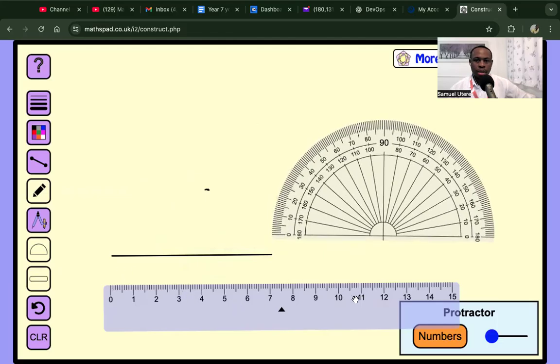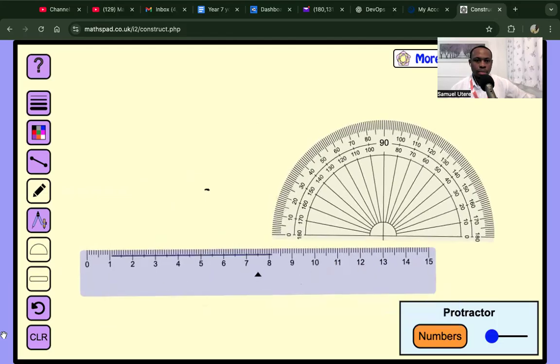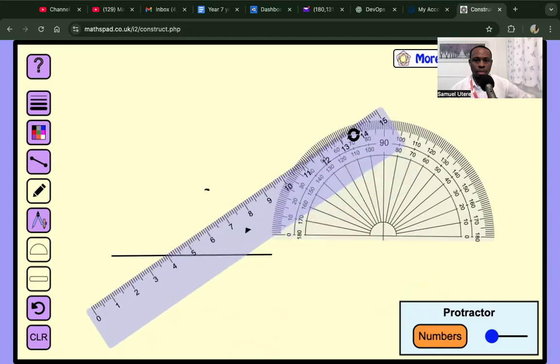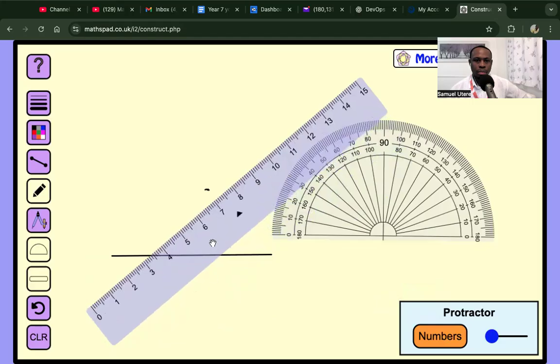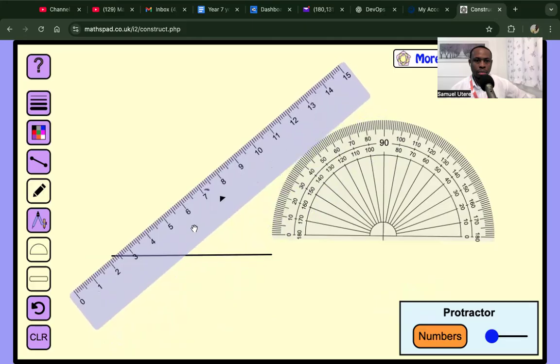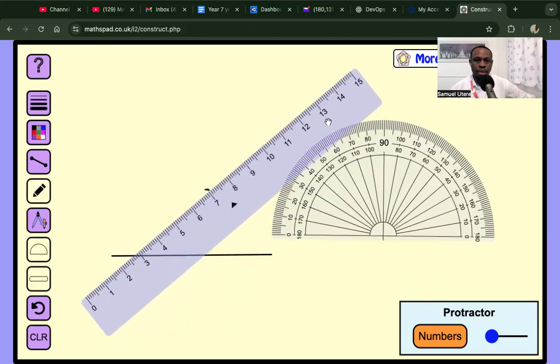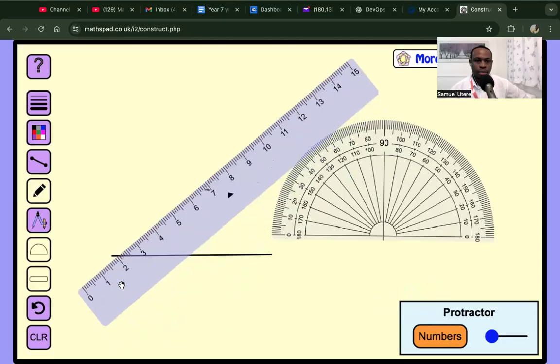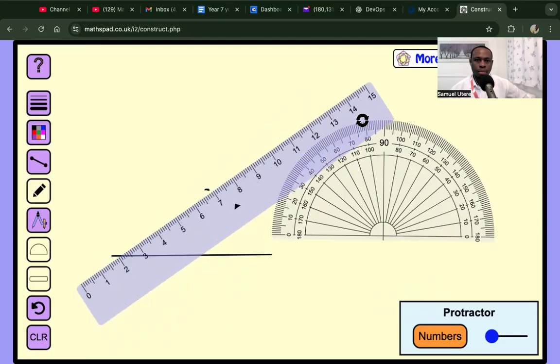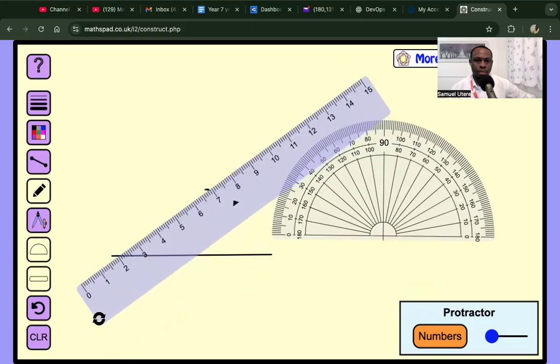We'll take our ruler. About that point there. And we draw a line as long as we can.